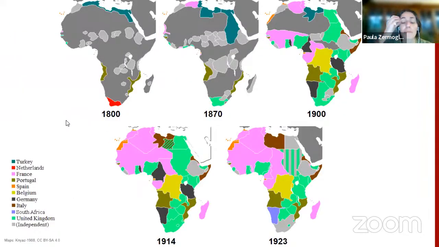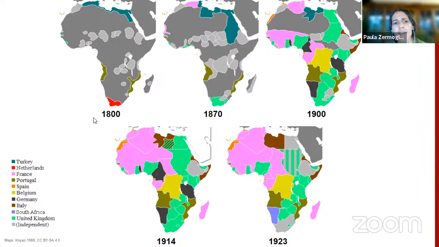As we were mentioning before, one big issue that we find when we're trying to deal with African localities is that Africa has gone through several processes of colonialism, and so places have been under the influence of different colonial countries over time.